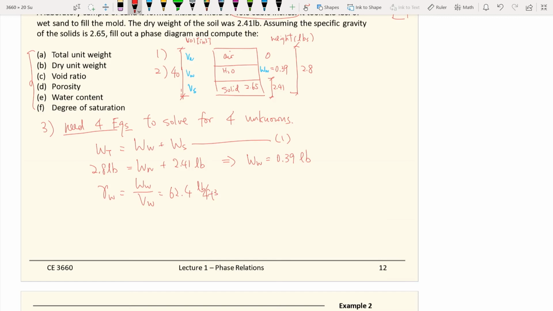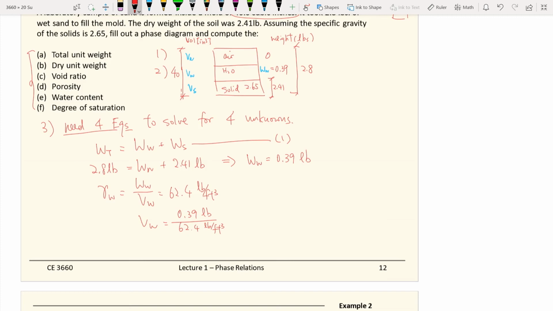So with this, we can solve for the volume of water, which will be equal to the weight of water, which is 0.39 pounds, divided by 62.4 pounds per cubic feet. Don't lose track of your units.